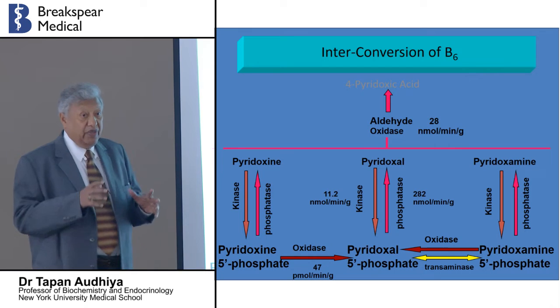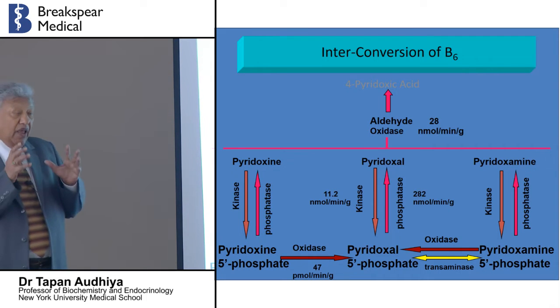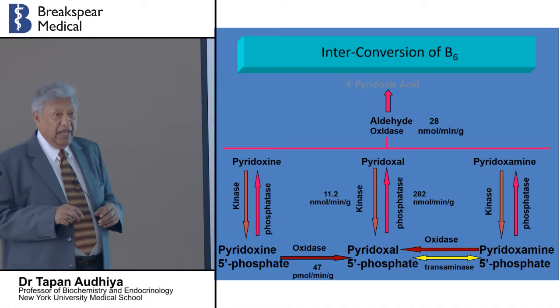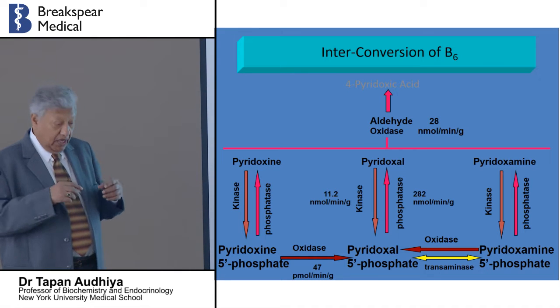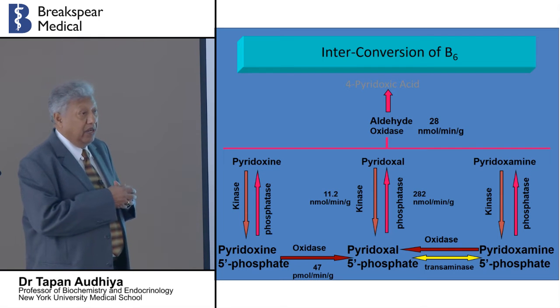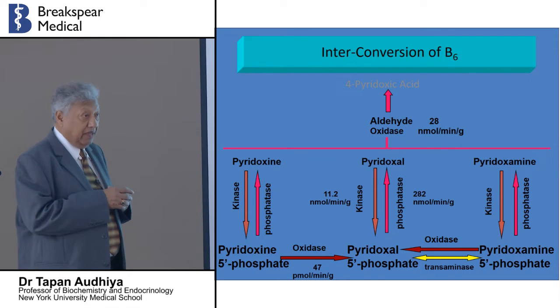Now, you are caught between a rock and a hard place, because when you give P5P instead of pyridoxine, it doesn't help, because P5P cannot cross the biological membrane. Neither can it cross the blood-brain barrier.